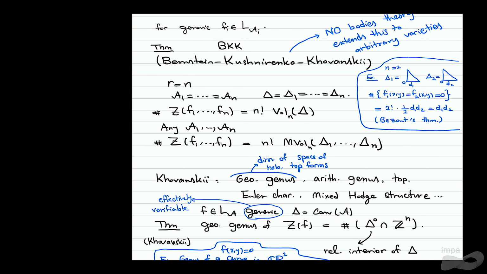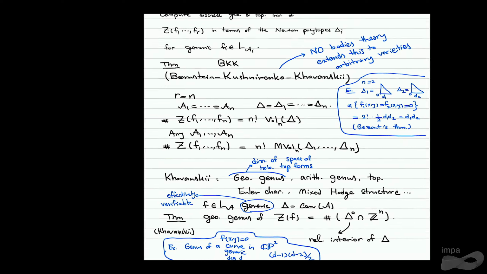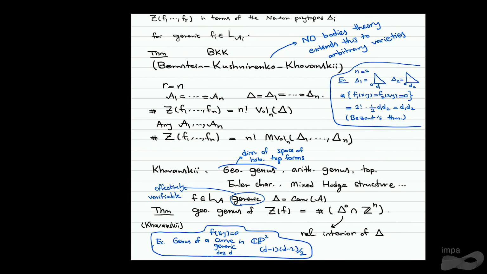If you are in a generic situation, there are no solutions at infinity. All solutions are simple, and you have exactly that bound. But also, you can effectively compute genericity. That's important for computational purposes.